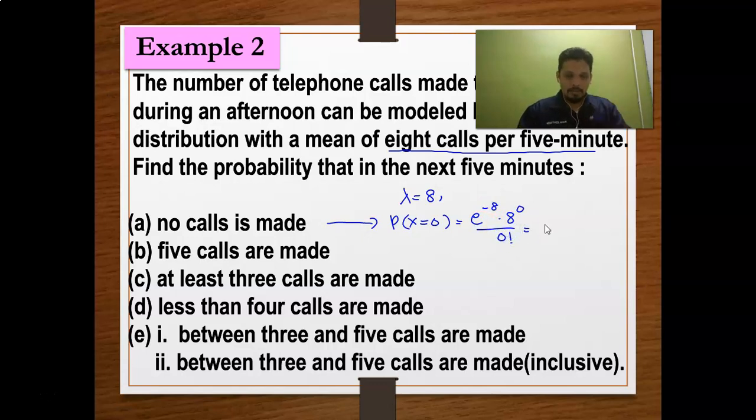So e to the power of negative 8, and then 8 to the power of 0, over 0 factorial.